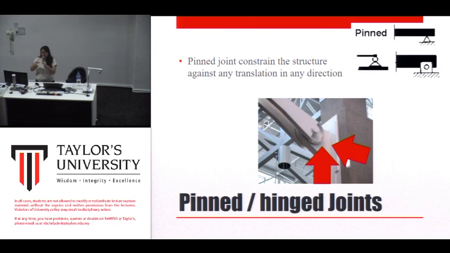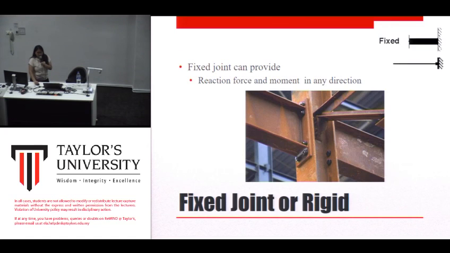Alright, so the last one is fixed joint. Fixed joint can provide reaction force and moment in any direction. Fixed joint is the strongest joint. So we usually use fixed joint on a cantilever beam where no movement is allowed.